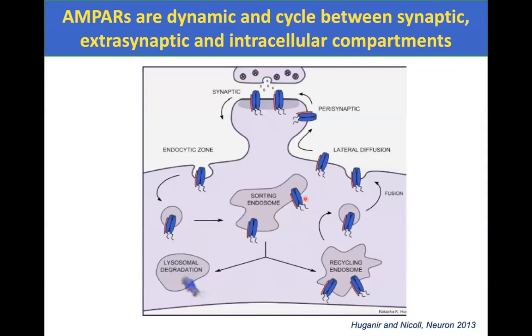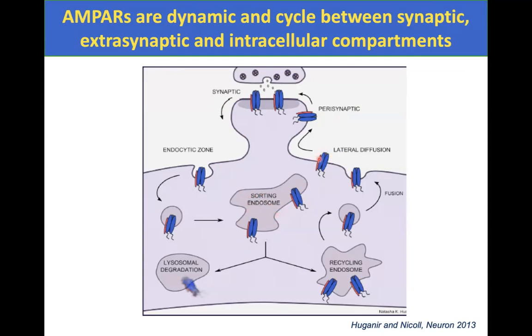Okay, so the AMPA receptors is what we've been focusing on, trying to understand how this particular type of receptor can traffic to synapses, how it might be removed from synapses, the sorting mechanisms that regulate this.